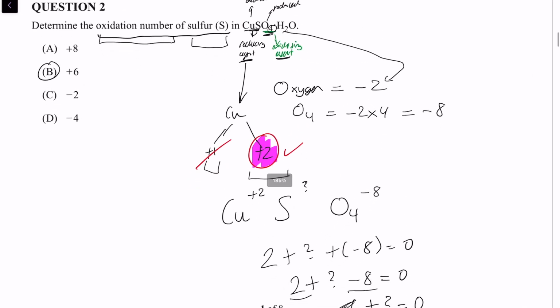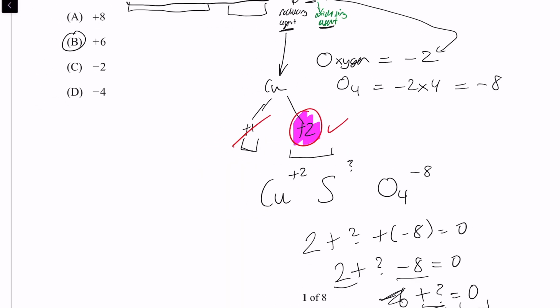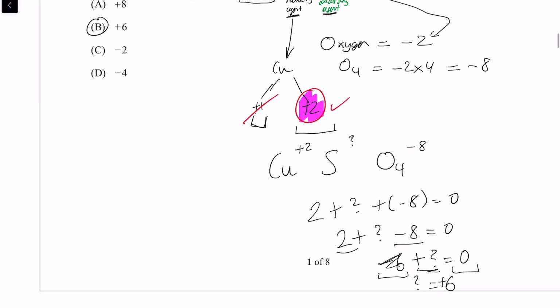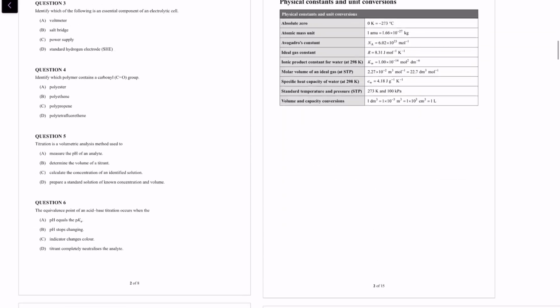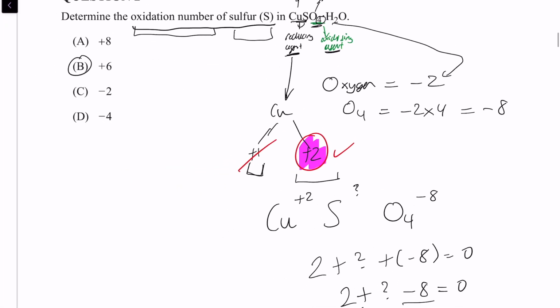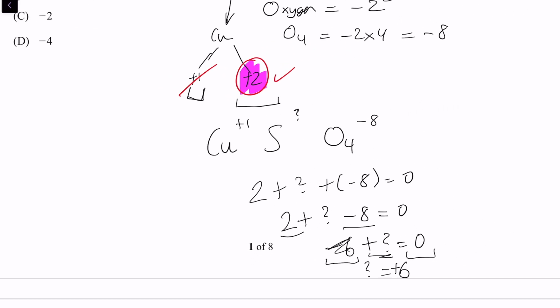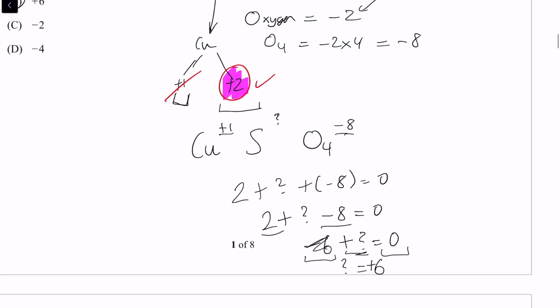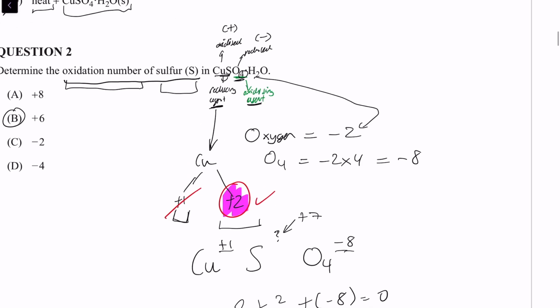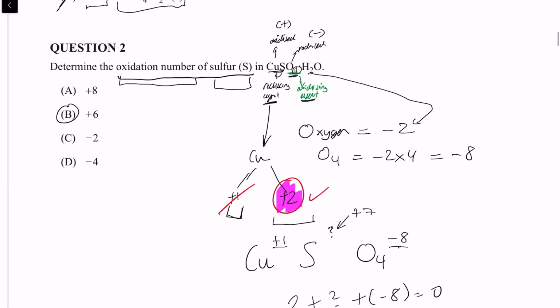If I were to choose plus 1 as my copper oxidation number, so say you're just looking at the formula sheet and you don't know whether to use plus 2 or plus 1, if I used plus 1 here, and then I combine my plus 1, negative 8, I get negative 7. And to get 0 overall, I need to make this sulfur plus 7. However, that's none of our options here. We have plus 8, but it's not plus 7.